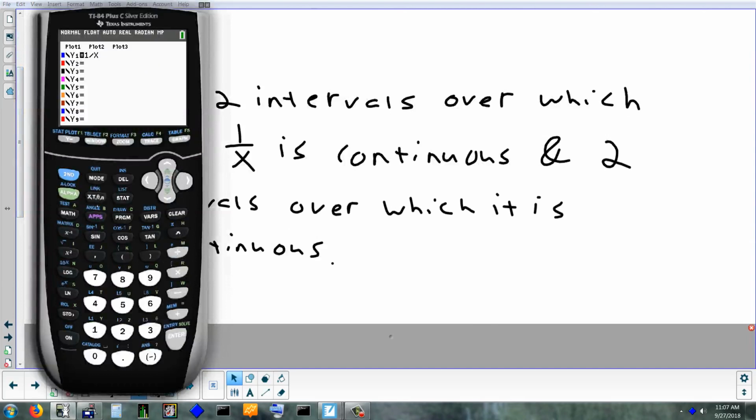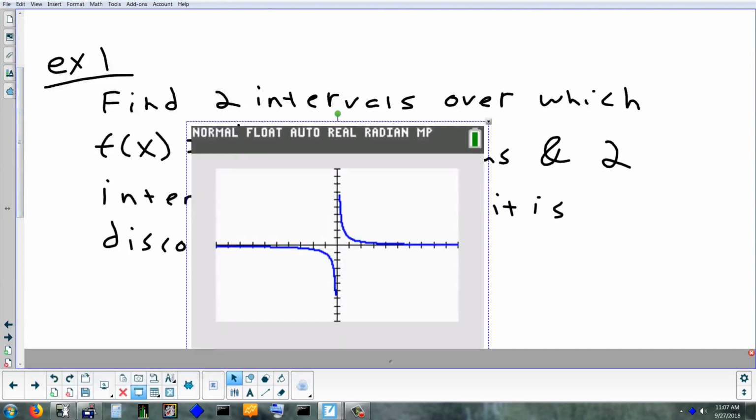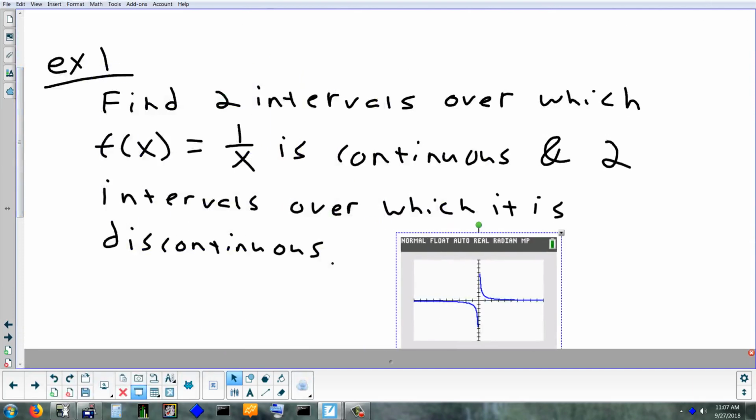So 1 divided by x. That's what it looks like. Now, what happens is when it starts to get really steep, the calculator can't draw it anymore, but really, this should keep going down, and that should keep going up. So there's your graph.